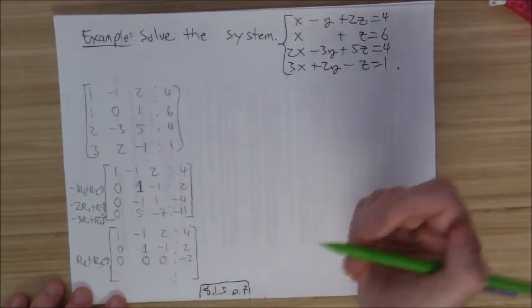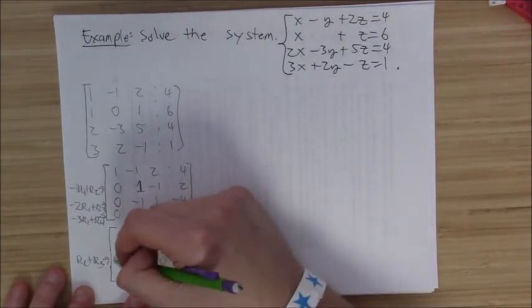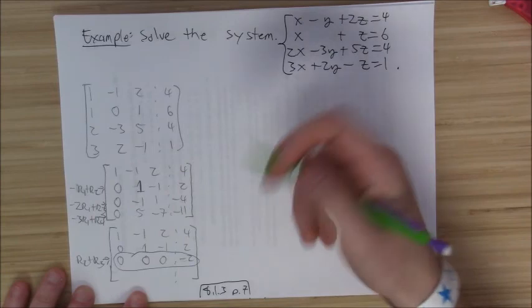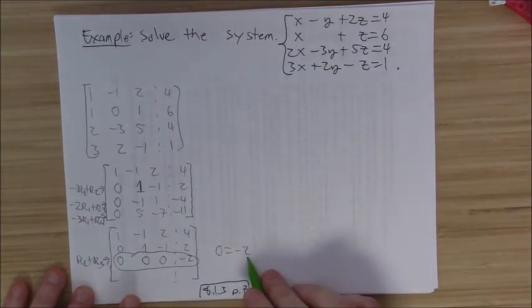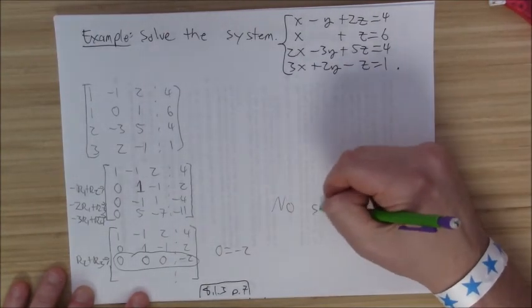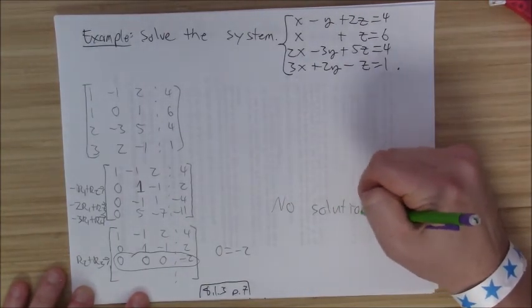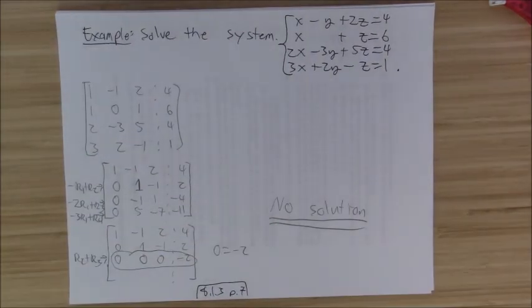And now it actually doesn't matter what we have, because if you look here, this is actually the equation 0 equals -2. And because of that, that's an equation that can't be satisfied, so there's really no solution to this system. So that's actually kind of a nice place that we can stop once we run into something like that.